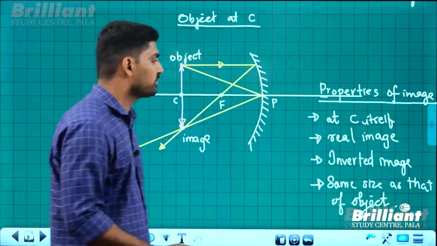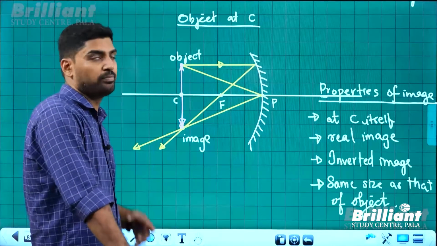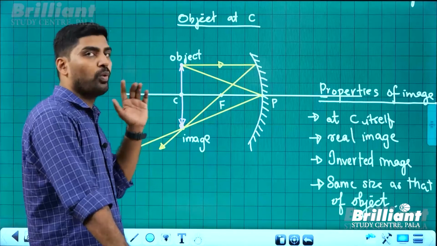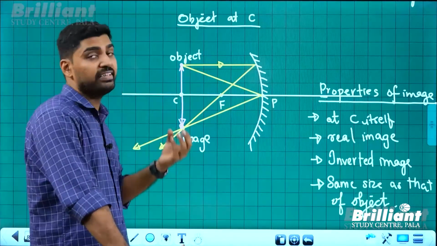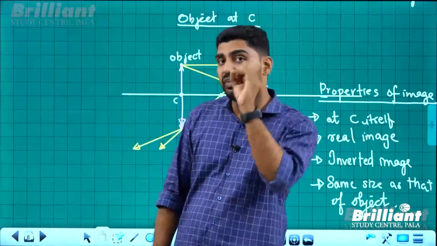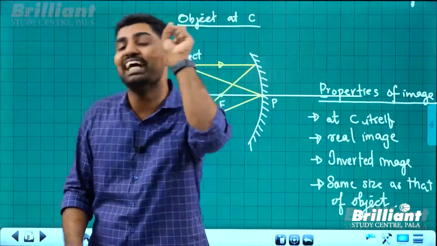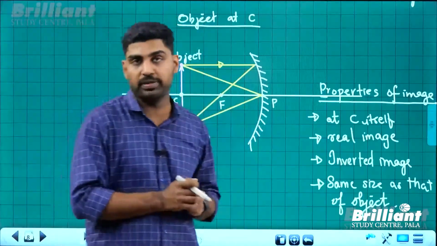So we have a real inverted image of the same size as that of the object, formed at the location of the object itself.